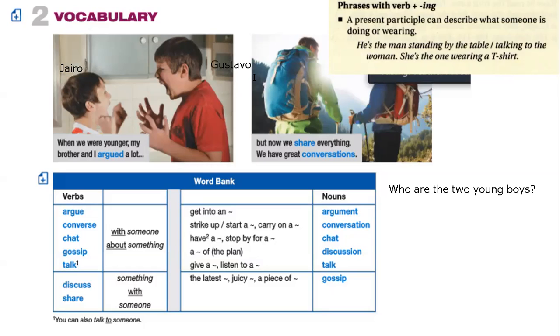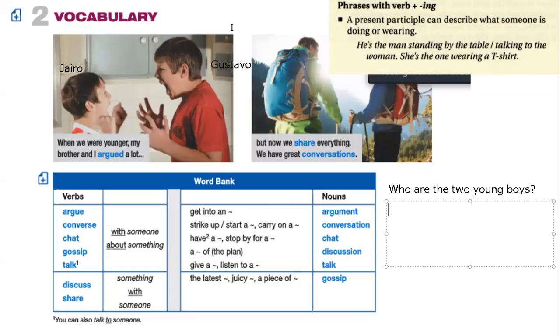Now, who is Gustavo? Or who are Gustavo and Jairo? Remember that they are arguing about video games. So who are Gustavo and Jairo?